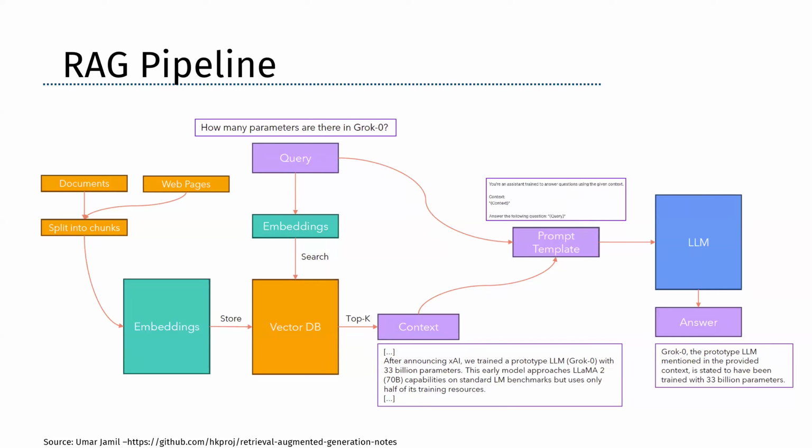That process on its own is great, but sometimes the model may not have all the information it needs in its current training. So what do we do? We bring in external knowledge from sources like documents or web pages. That's where the unique part of this pipeline kicks in.